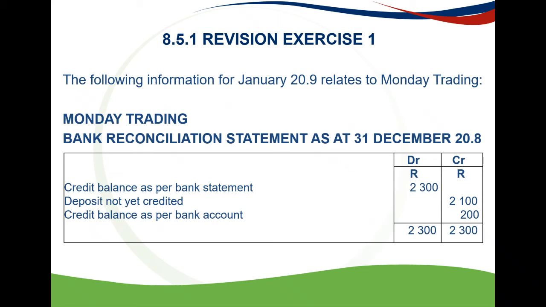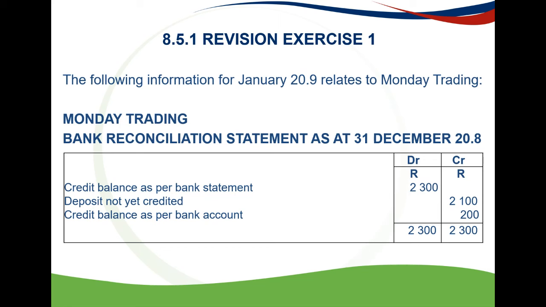Now let's look at the information given. The following information for January 20.9 relates to Monday Trading. So our business name is Monday Trading. These transactions are applicable for January 20.9. But then we have here a bank reconciliation statement as at 31 December 20.8.